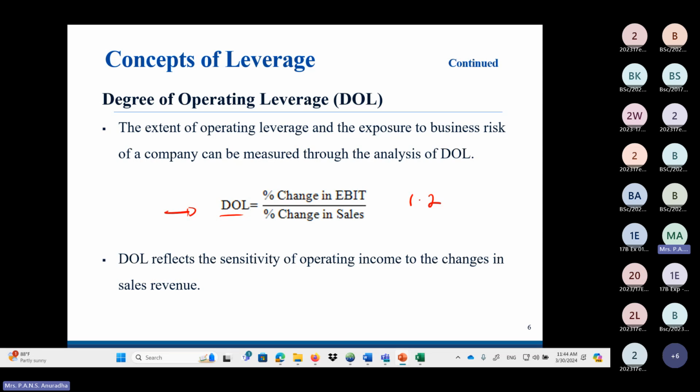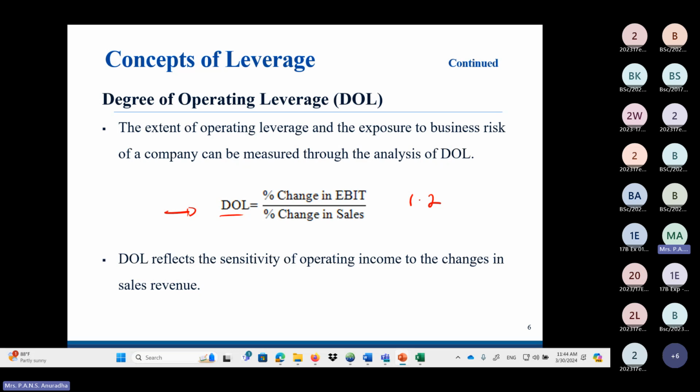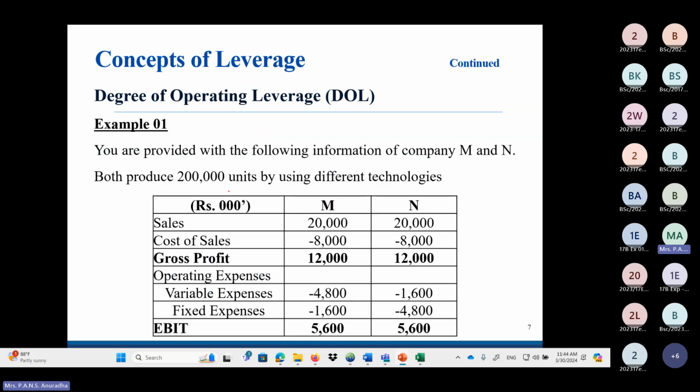So let's look at this with an example. This is conceptually what operating leverage is. So let's look at these two companies. You are provided the following information of company M and company N. Both produce 200 units using different technologies. You can see sales for both 20,000, cost of sales both 8,000, gross profit both 12,000.